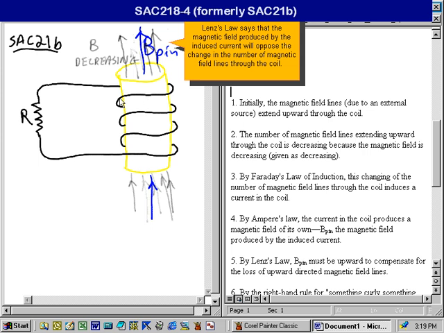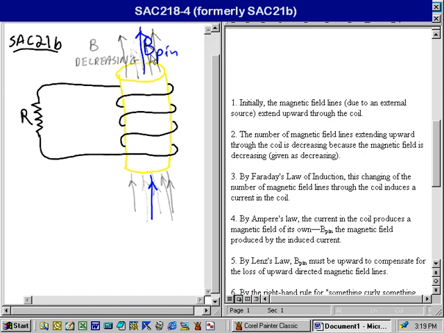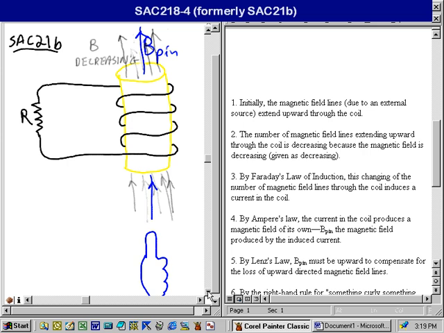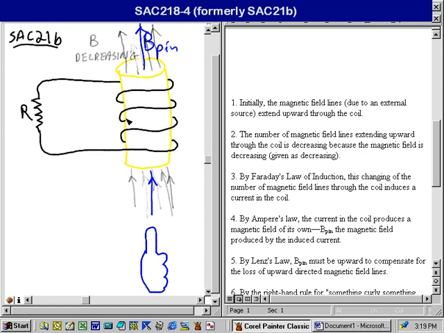Okay, then, in order to produce an upward directed magnetic field, according to the right-hand rule, if we stick our thumb in the upward direction, our fingers are going to curl around automatically in this direction, counterclockwise as viewed from above.